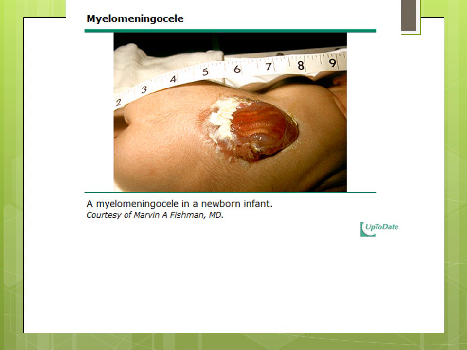And this is just a picture of a myelomeningocele in a newborn. You can see here, it's taking up much of the middle back, and you can see some nervous tissue in here. That is, oh gosh, about 3.5 inches long.